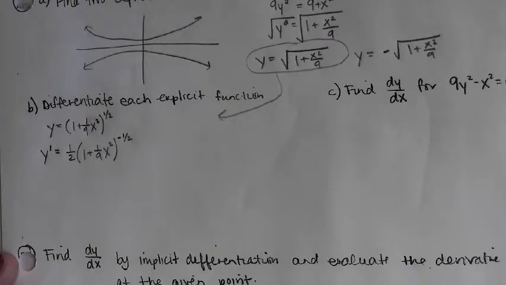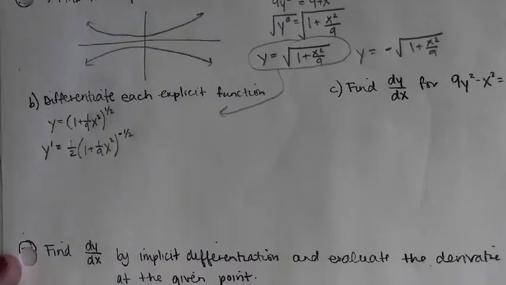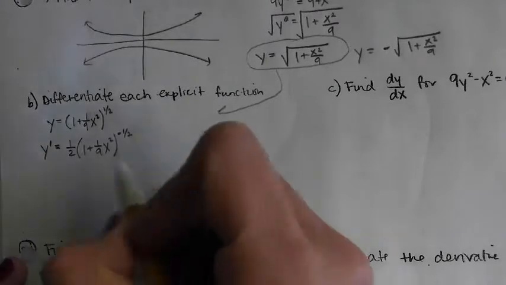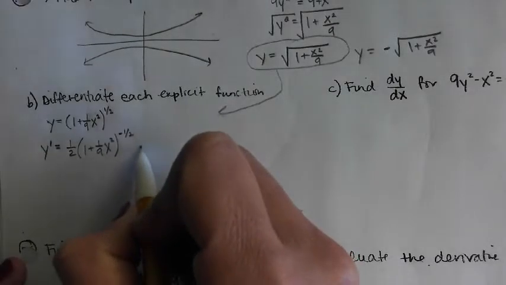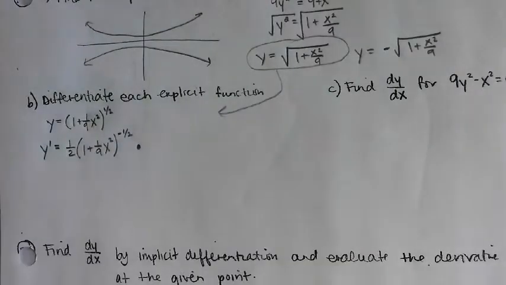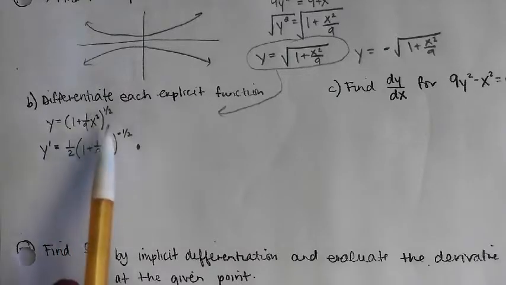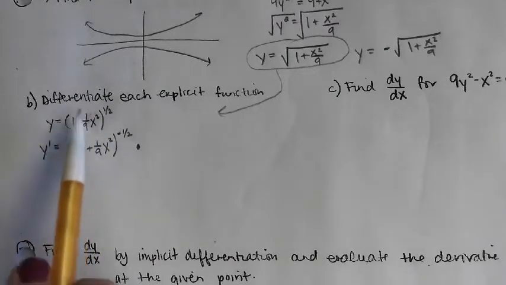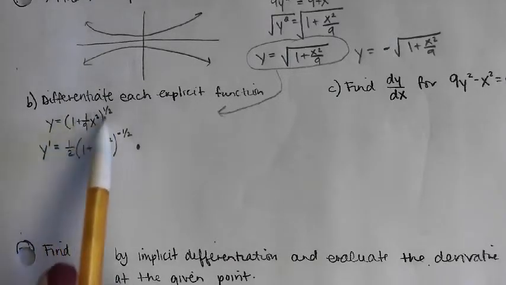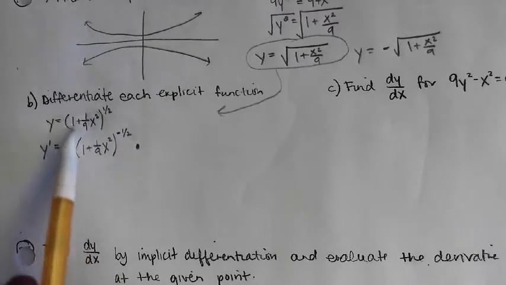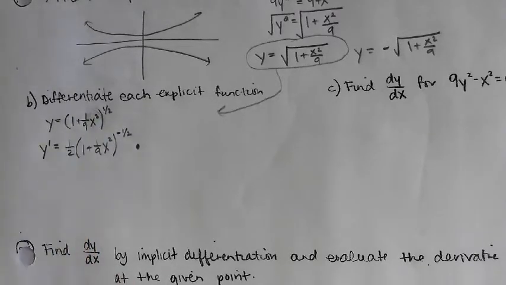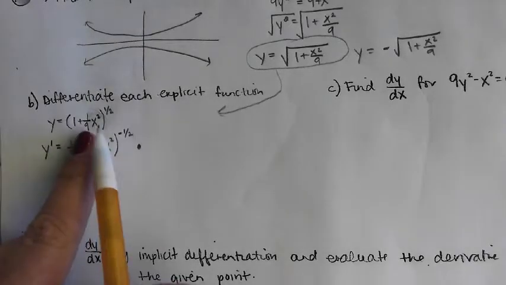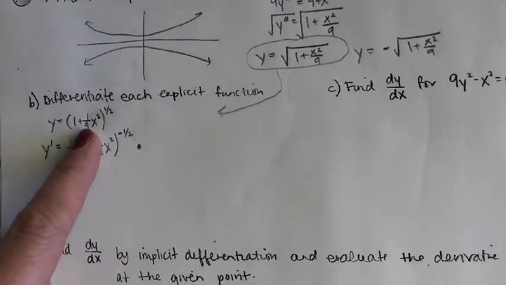Not product. Right. So that's a chain rule. And what rule does that, finding the derivative of this, require? What times what are you seeing?